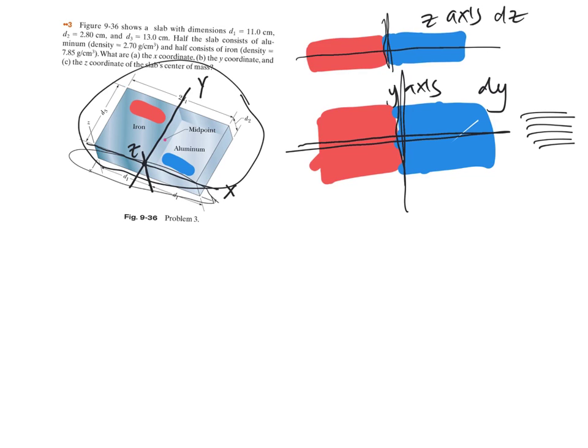The hardest part is analyzing the x-axis, because this is where you actually have to do some math. For the x-axis, I'm still going to look at it from the top view, but we're parting it in a different way, so I'm going to draw the thing again.